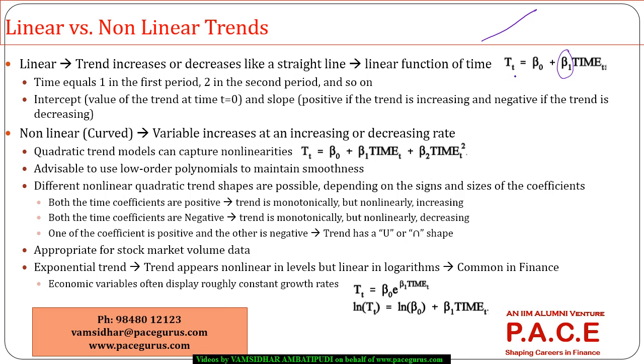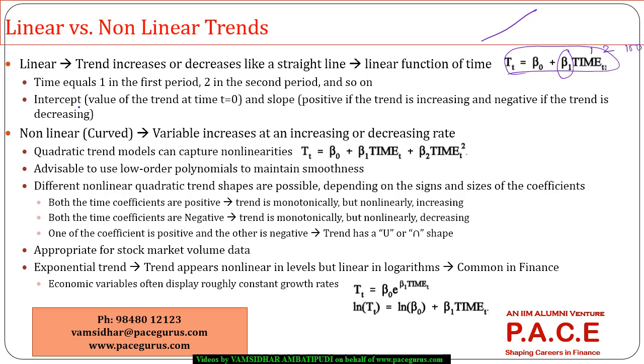When we represent the time, the first period will be represented as 1, the second period as 2, and the 100th period as 100. So this is the typical equation we write for a linear trend. When we do this on a data set, this becomes more and more clear to you. But just to understand a few terms, time equals 1 in the first period, 2 in the second period, 100 in the 100th period.